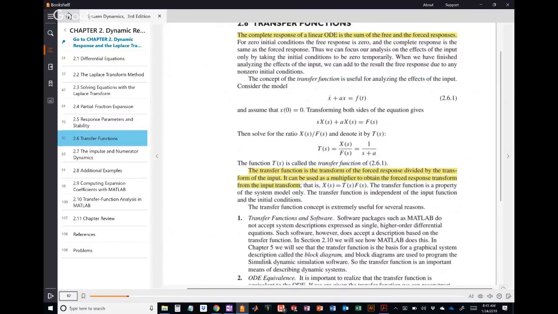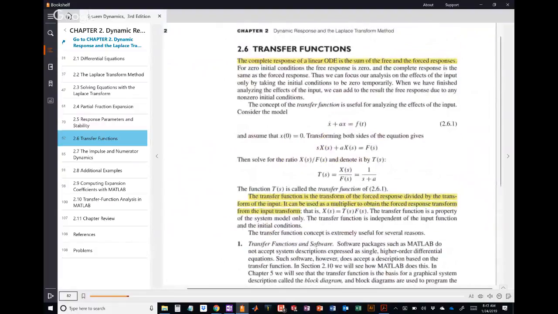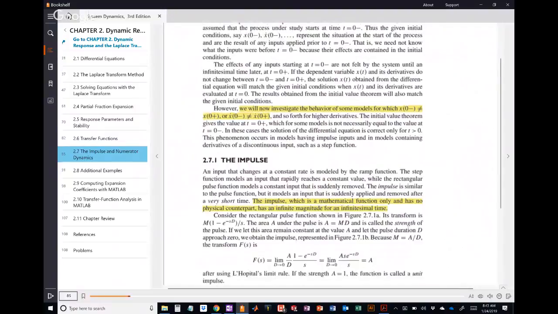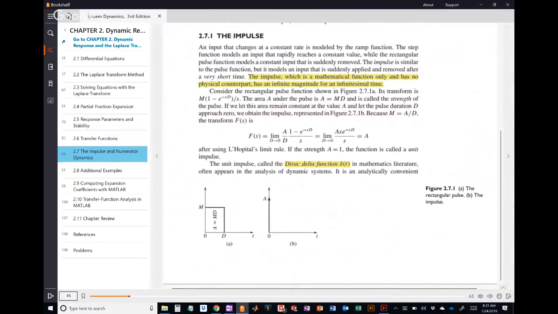We find that the transfer functions are particularly useful when we've got first order equations, or multiple equations that are linked. So you'll find transfer function things here. You'll also find some stuff that we did with the impulse. But I would say just refer to your notes for that rather than coming back here to chapter 2.